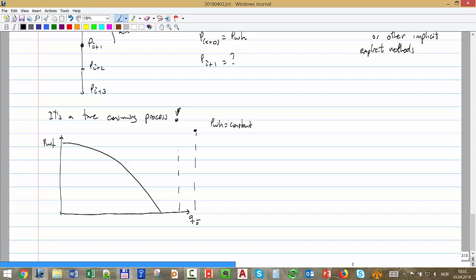Then you assume another rate, calculate the bottom hole pressure, and another rate, and so forth. If you remember the curve, I told you it looks something like that: the available pressure and the required pressure at the bottom of the well.